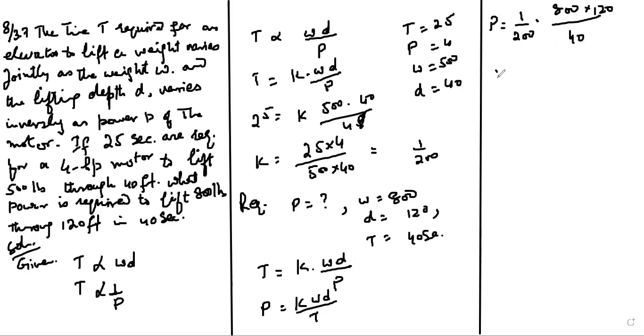Simplifying, we have 12. So P is equal to 12 horsepower, the required answer.